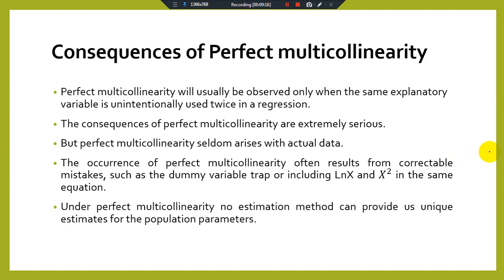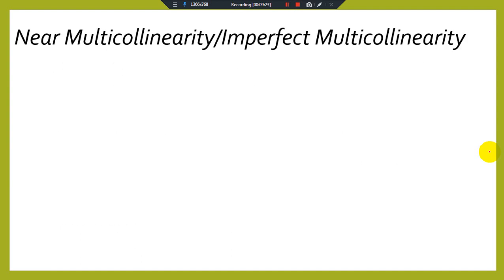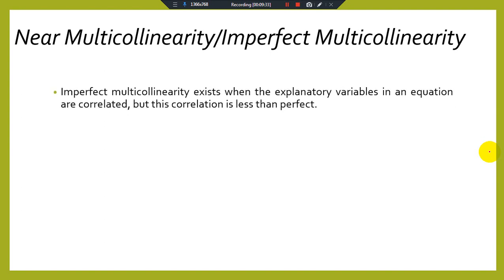Under perfect multicollinearity, no estimation method can provide us unique estimates for the population parameters. Here we have the second type of multicollinearity, that is near multicollinearity or imperfect multicollinearity. Imperfect multicollinearity exists when the explanatory variables in an equation are correlated, but this correlation is less than perfect.